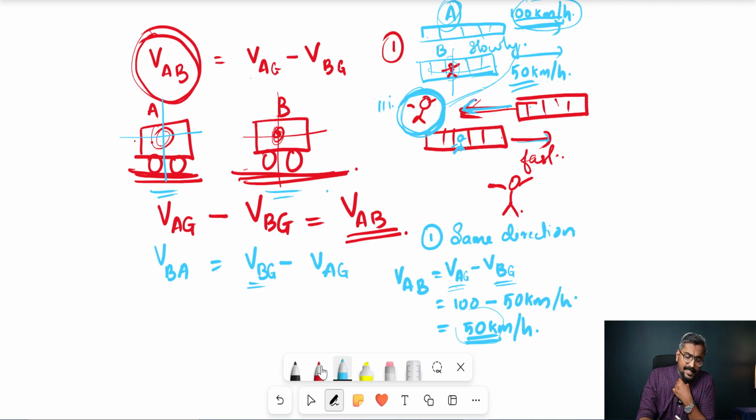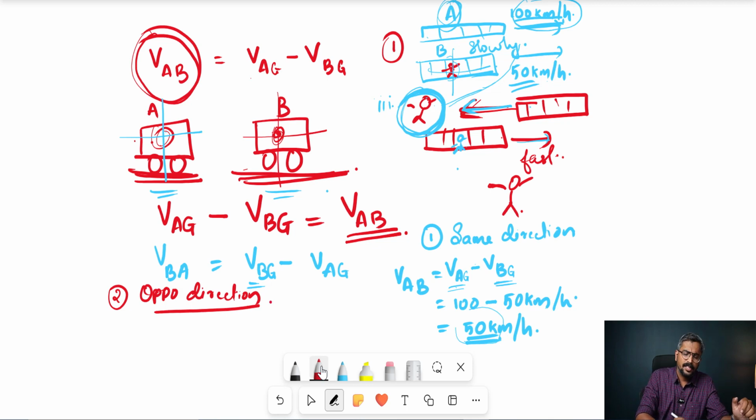What happens at the second point, where the two trains are moving in opposite directions? In the opposite direction, the same scenario will be taken. This will be the frame of reference, right? The second train. So I'm again saying VAB. A means the first train, which is crossing you and moving in the opposite direction.